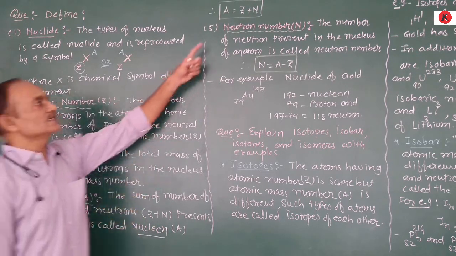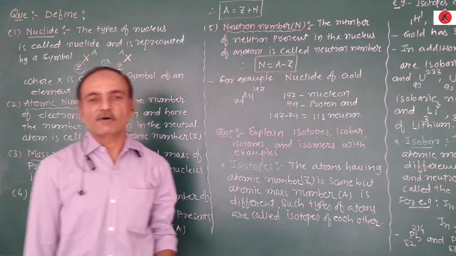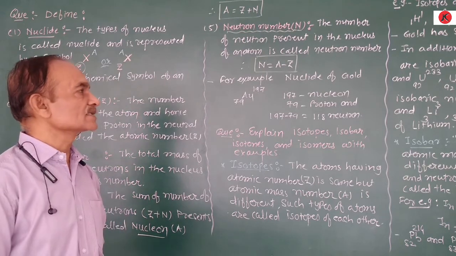Therefore, capital A is equal to Z plus N, where Z is the number of protons and N is the number of neutrons in a nucleus.